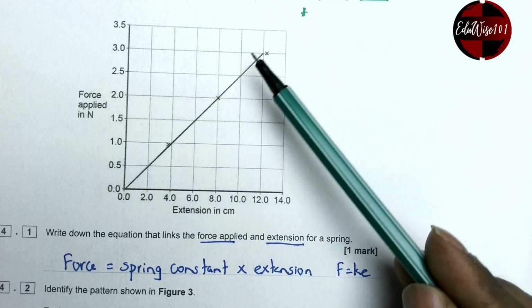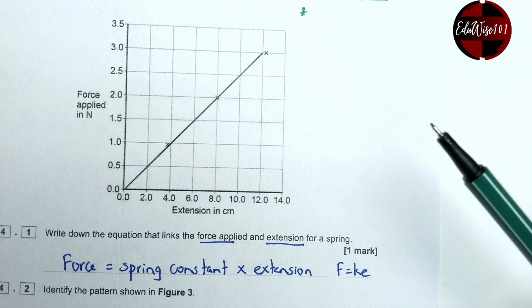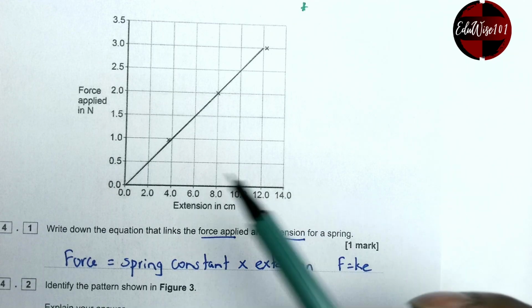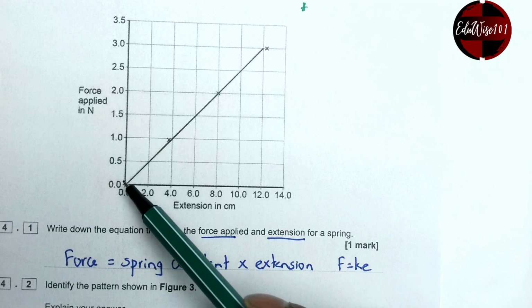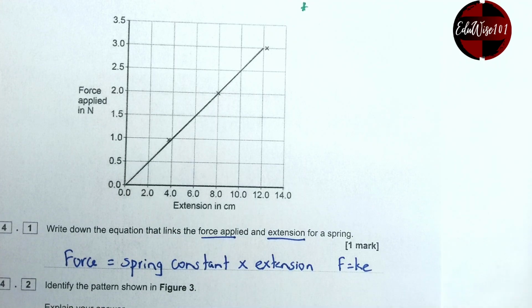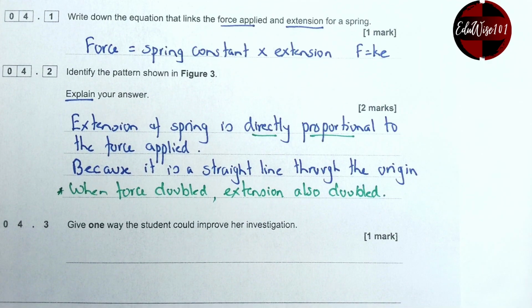She can add more force. She's only added 3 newtons. She can go up some more. She's only going up in 0.5 newtons. Maybe she can actually go up in 0.1 as well. So those are 2 valid points that we can write down.